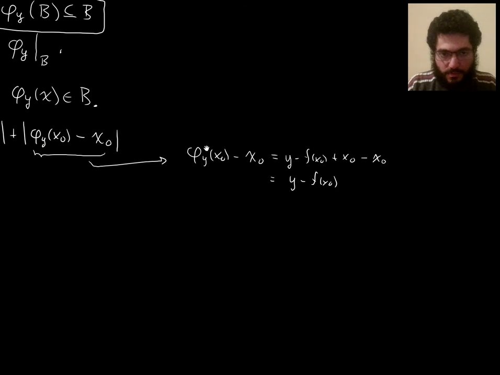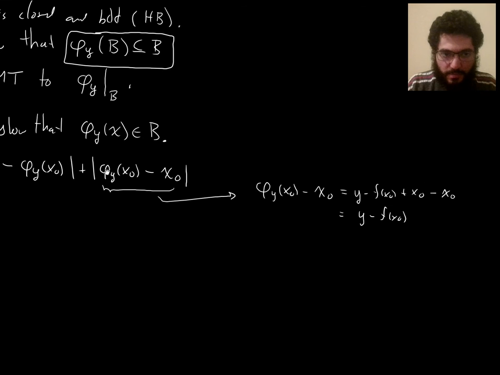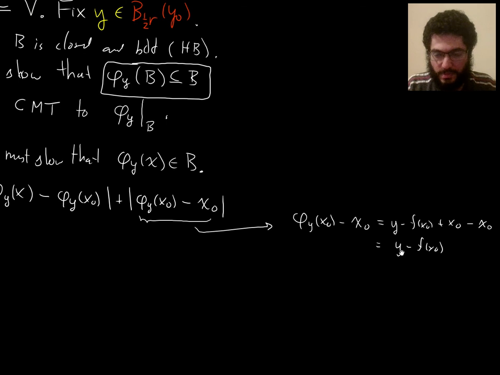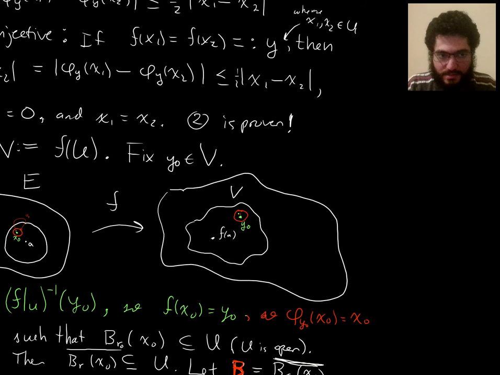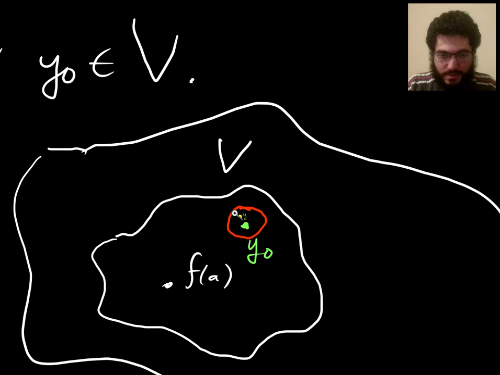Okay, so the reason for introducing this middleman, phi sub y of x naught, into the inequality is so that we can use the closeness of y to f of x naught. In other words, the closeness of y to y naught, right? The yellow dot over here is within 1/2 r of the green dot down there.